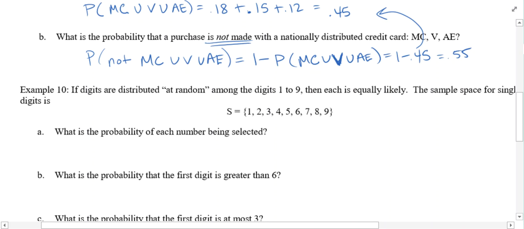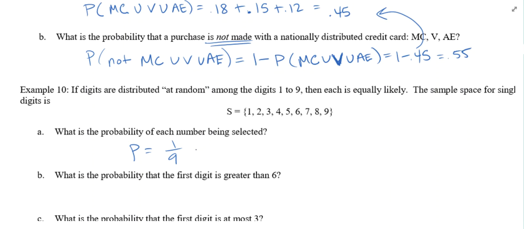All right, example 10. If digits are distributed at random among the digits 1 through 9, then each is equally likely. The sample space for single digits is 1 through 9. Okay. What is the probability of each number being selected? Well, the probability is just 1 out of 9. Okay. Leaving things as fractions is perfectly fine, like this.